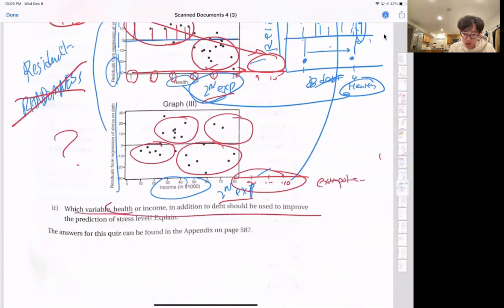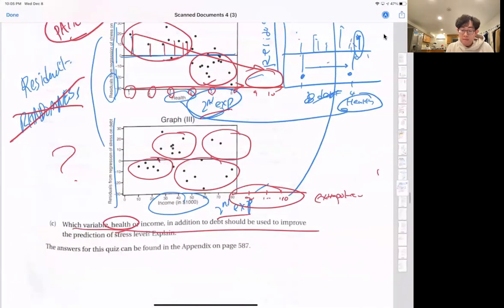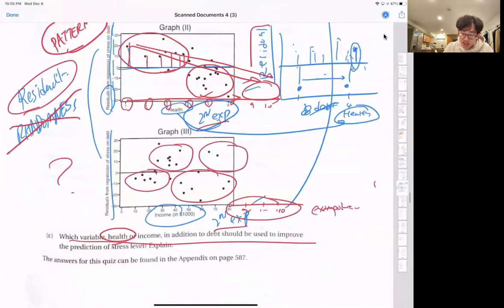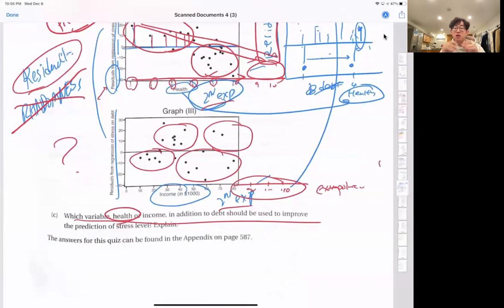So which variable, health or income? It's definitely health, because there's a pattern in the residual plot here. This is not the same residual plot we've been talking about before, because that one has a y-axis that only says one residual. So health is better because you can actually predict what's going on.